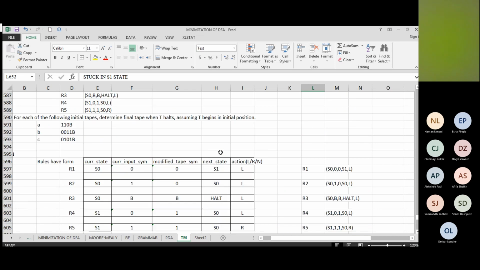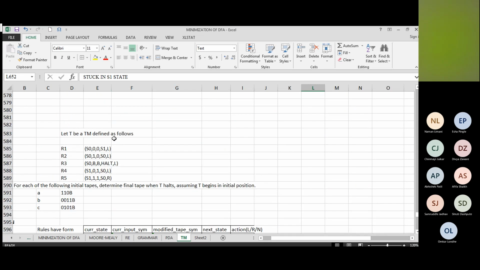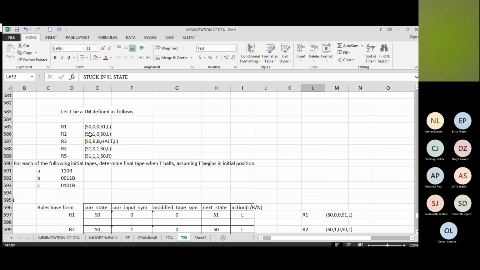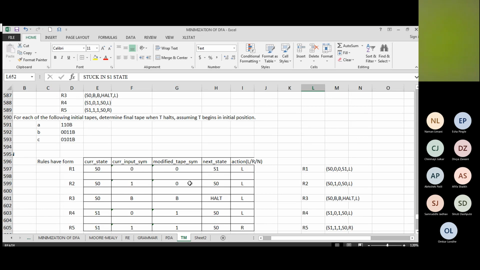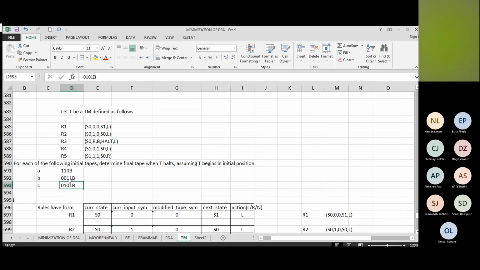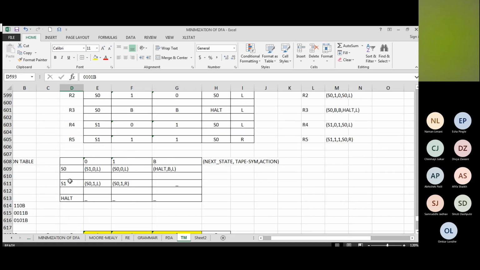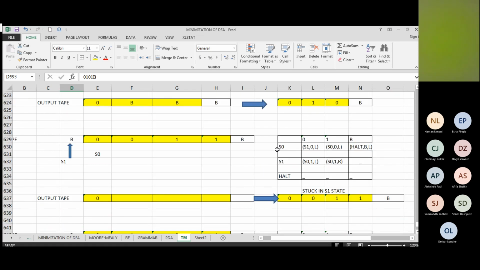So the solution begins with interpretation of rules, construction of transition table, and then processing of the given strings. Give the visualization of output on tape after processing ends.